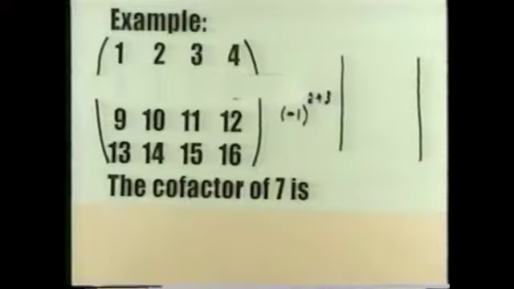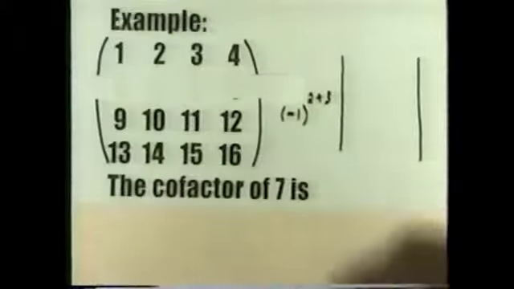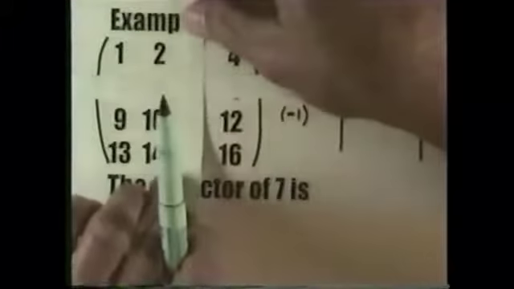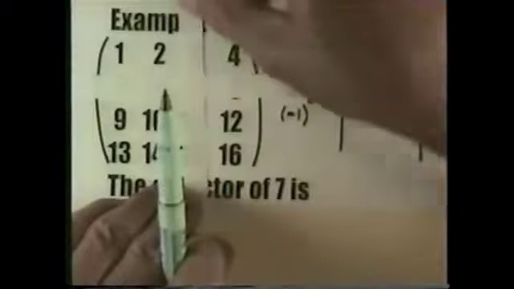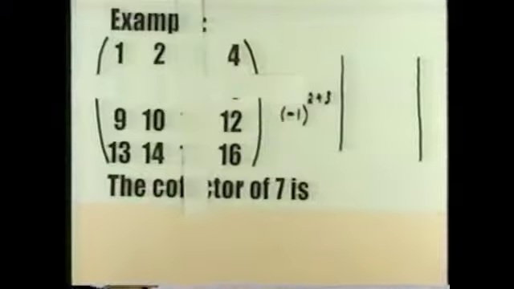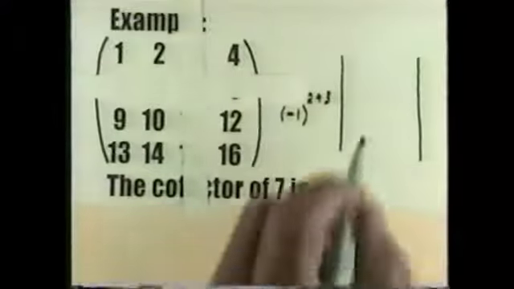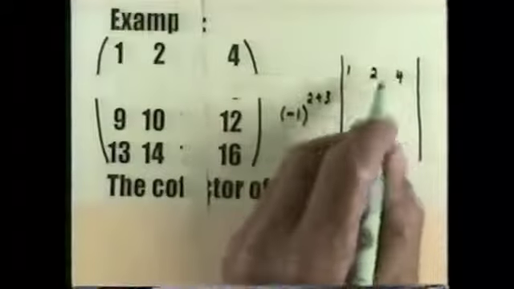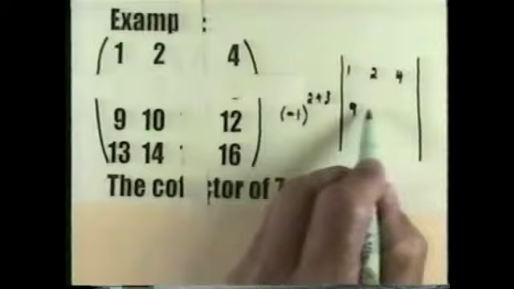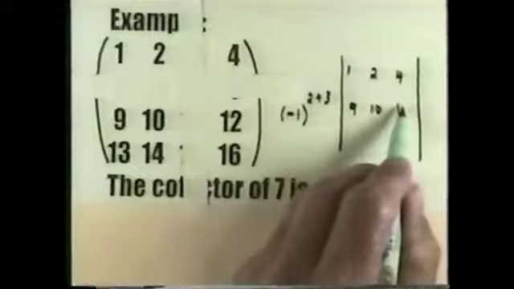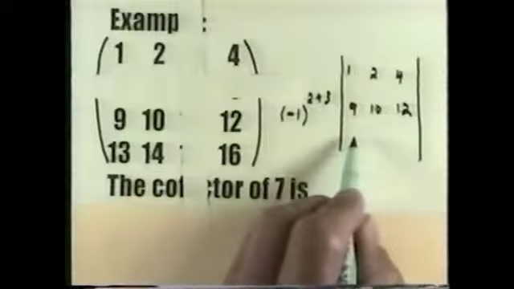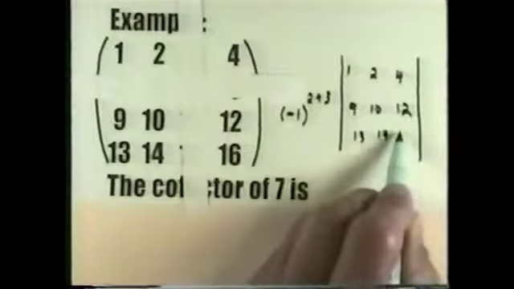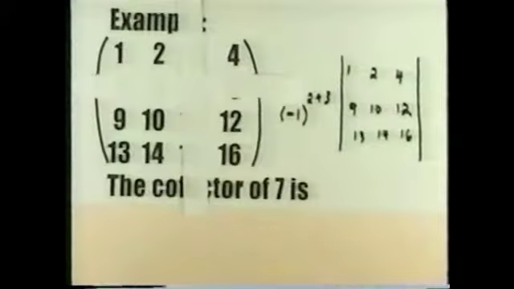Take the column involving 7 and remove it. And what you have left is the minor. So the minor is going to be 1, 2, 4, 9, 10, 12, 13, 14, 16.